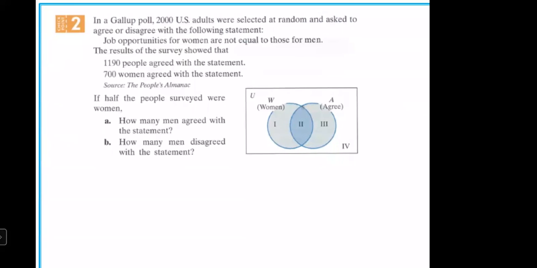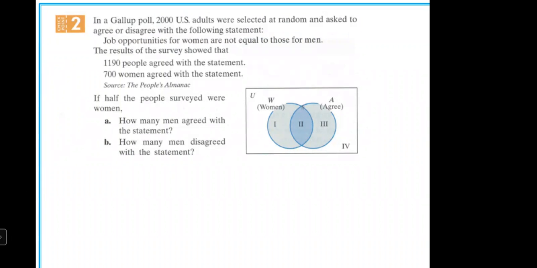This one says in checkpoint 2, in a Gallup poll, 2,000 US adults were selected at random and asked to agree or disagree with the following statement: job opportunities for women are not equal to those for men. The results of the survey show that 1,190 people agreed with the statement, 700 women agreed with the statement.